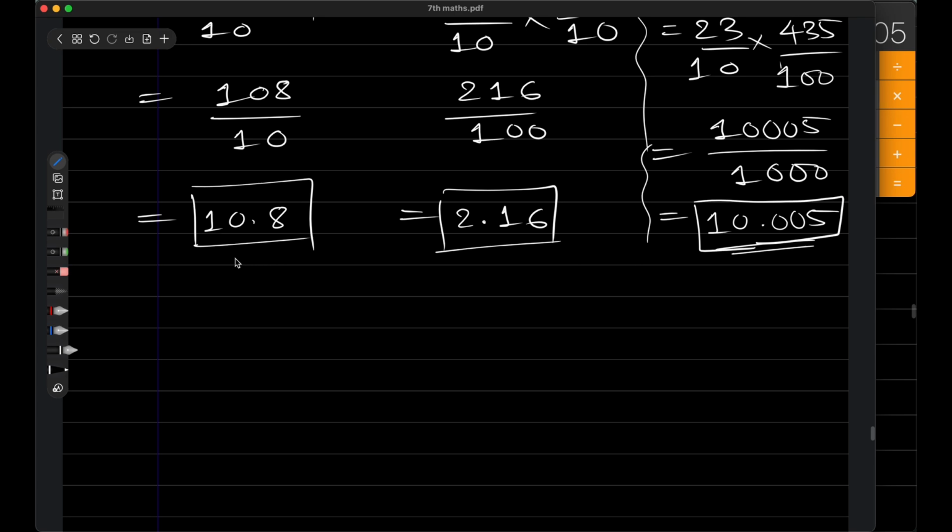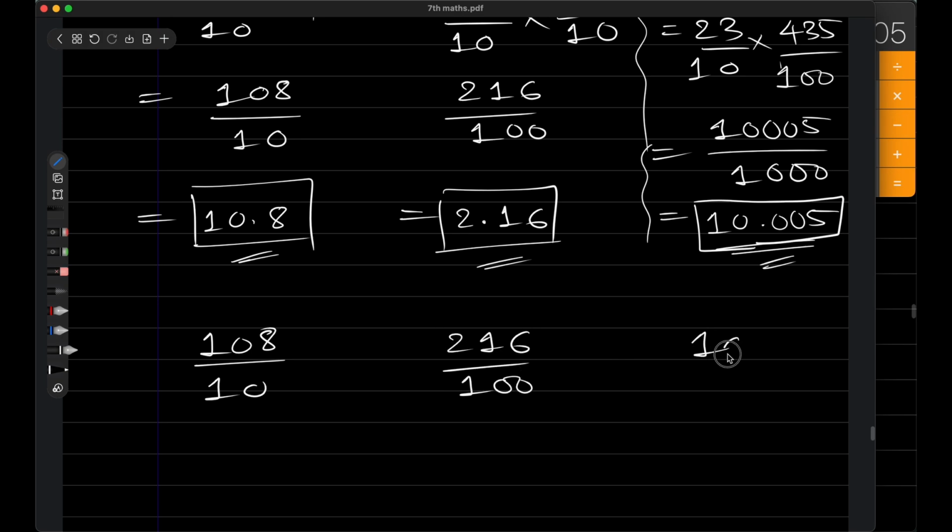Now the second question is, we have to compare the answers obtained in the first question. So we have to compare 10.8, 2.16 and 10.005. So first convert them into fraction, that is 108 divided by 10, 216 divided by 100 and 10005 divided by 1000.